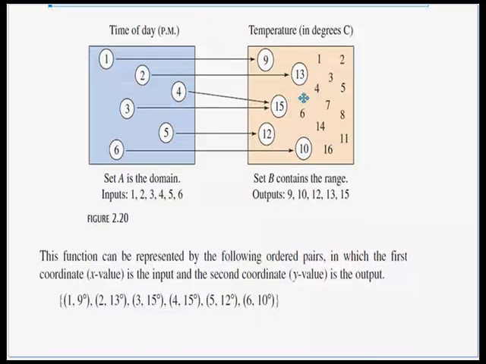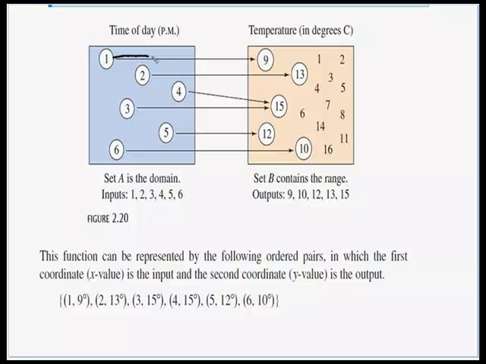And graphically sometimes these make a little more sense. So here on the left is a blue box, that's set A, that is the time of day, PM. And in the other box over here, this sort of tan box I guess, is our temperature in degrees. If we notice in set A, the domain, we have 6 numbers. 1, 2, 3, 4, 5, 6. Each and every one of those numbers is matched up with a number over here in set B, the range.